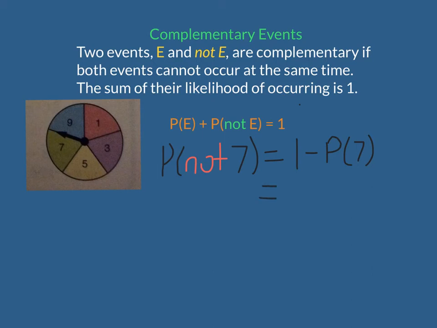So that would be 1 minus the probability of 7, which is 1/5, which equals 4/5. And in decimal form, that equals 0.8, so 8/10. So when you're given the probability and the complementary events, you just plug in the values that they give you into the formula.